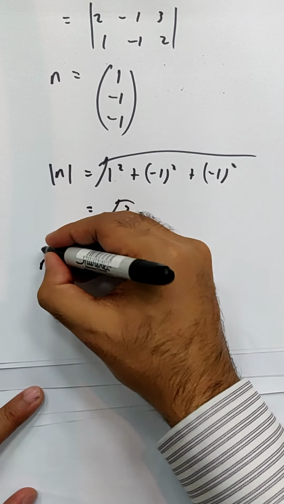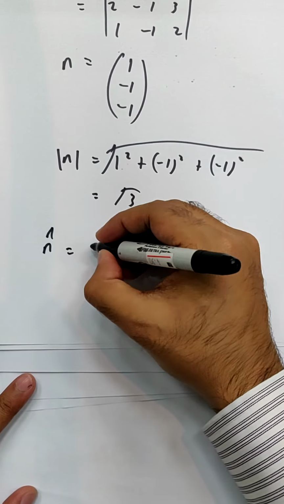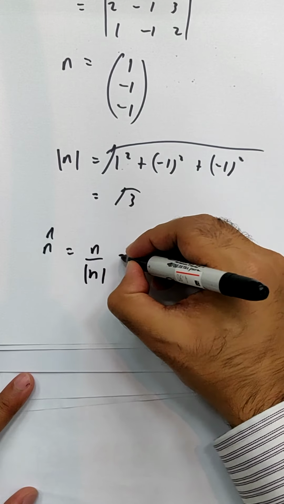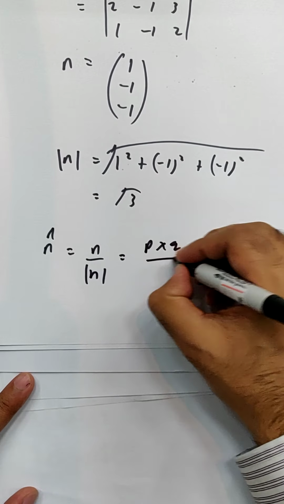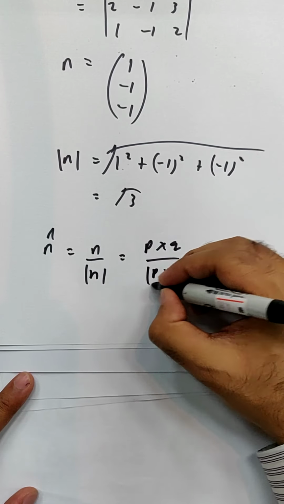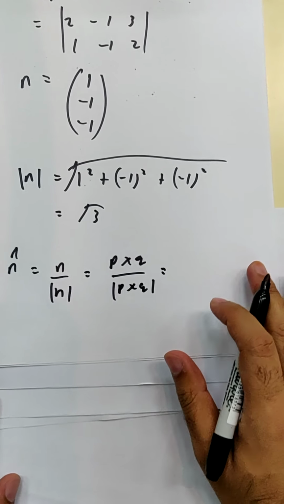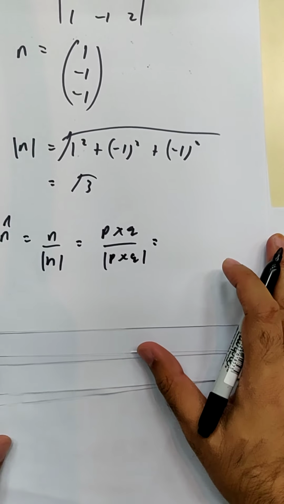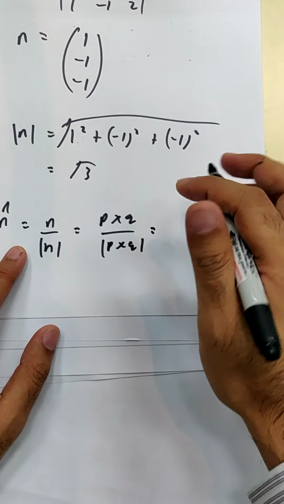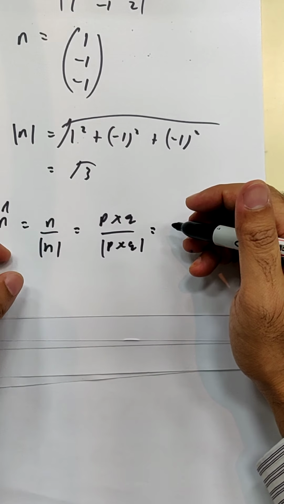So the unit vector is n over n modulus, which in our case is P cross Q over P cross Q modulus. There are many ways for you to write it down, but normally people write this down in ijk form.